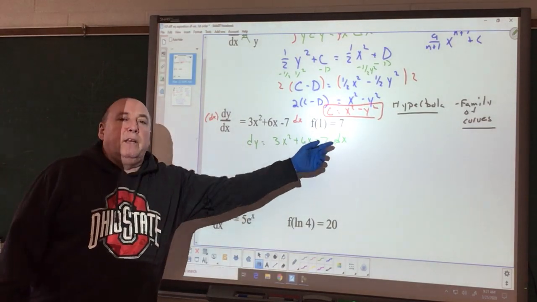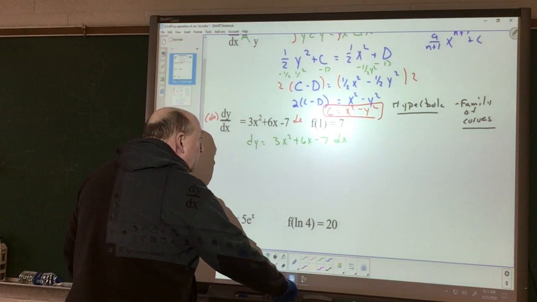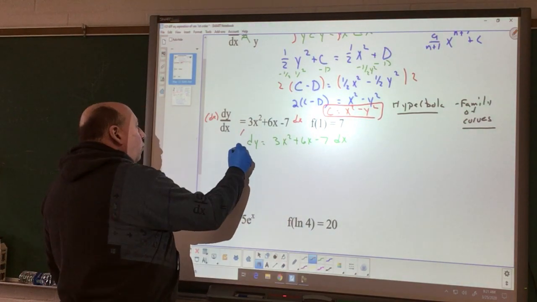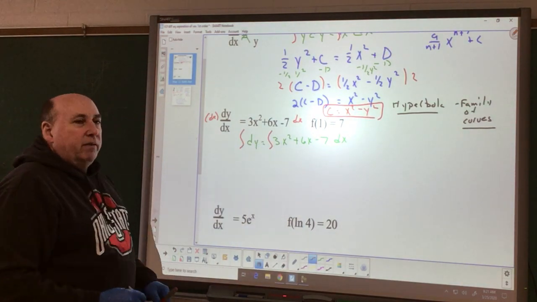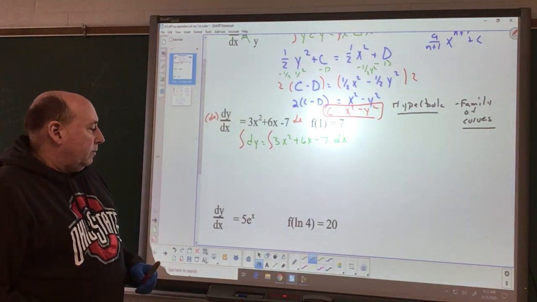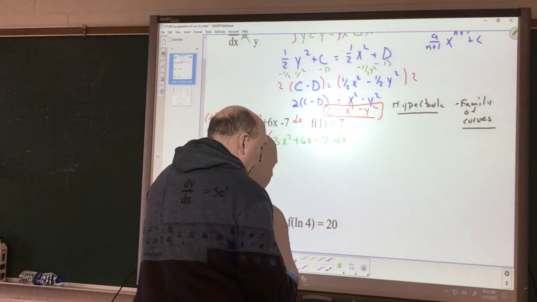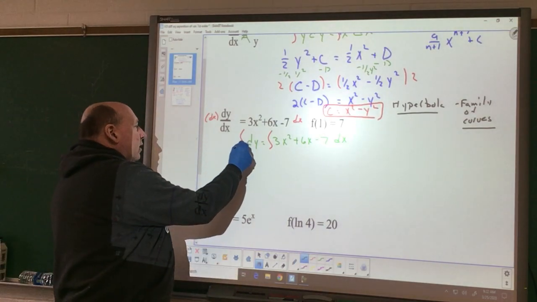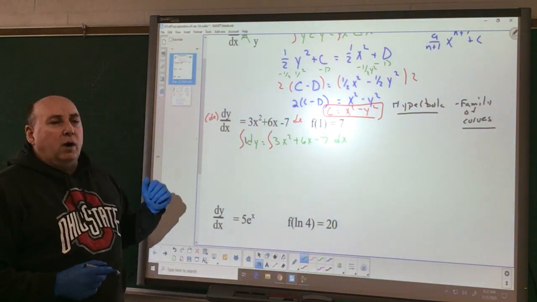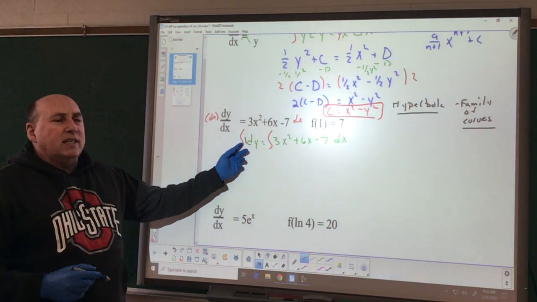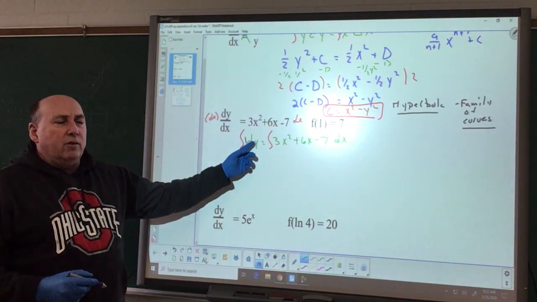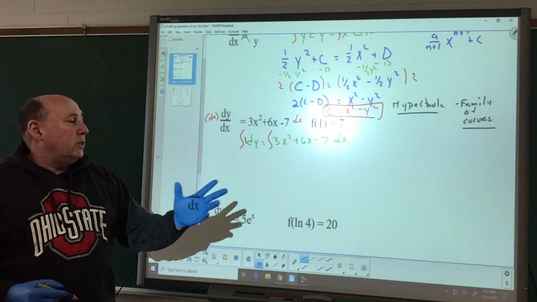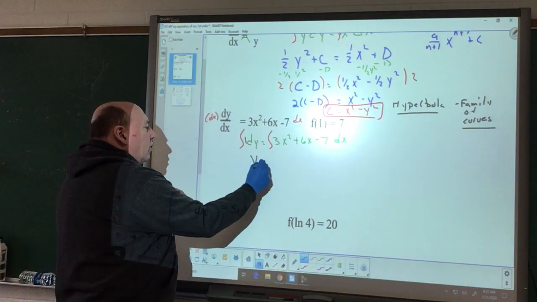To get rid of these differentials, we can take the antiderivative or the indefinite integral of this. Well, my coefficient here is just a value of 1. I have 1 dy. So if I take the antiderivative, what's going to happen over here is this is just going to give me y.